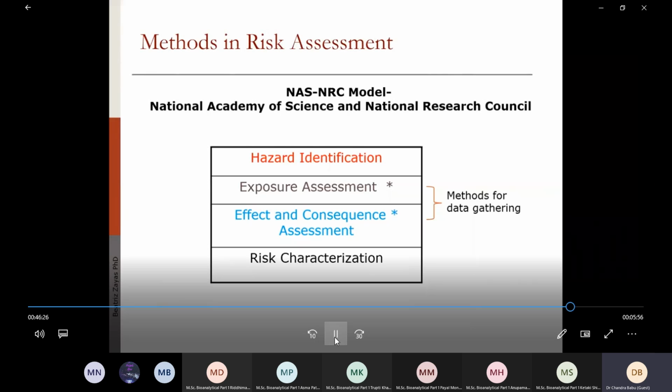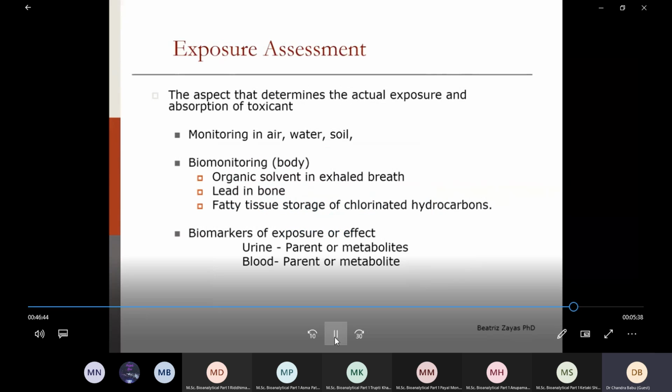And this model, in this case, is as described by the National Academy of Science and National Research Council. And it's based on 4 steps: hazard identification, exposure assessment, effect and consequence assessment, and risk characterization. How do we use or generate the exposure assessment?